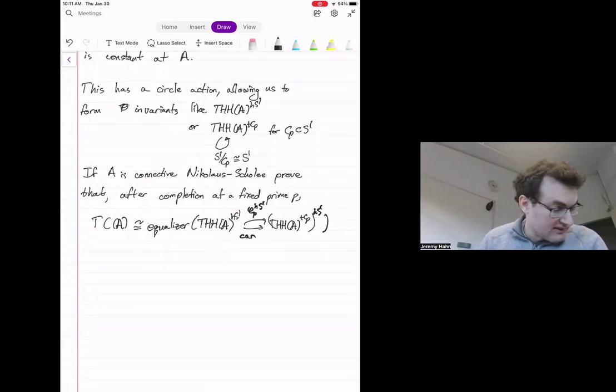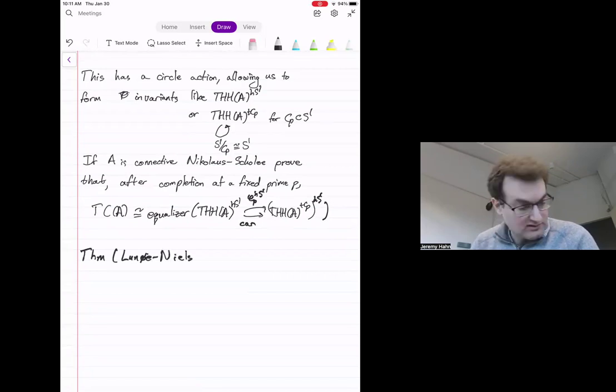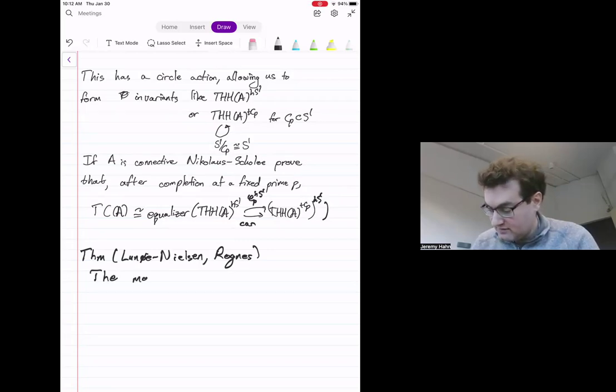So, all right, that's a formula. Now, in the special case of MU, there's a beautiful theorem by Nielsen and Rognes, which says that the map phi_p^{hS^1} is, again up to p completion, an equivalence.